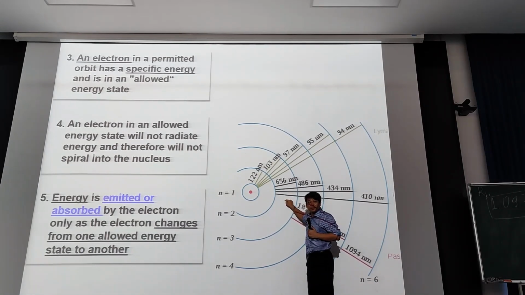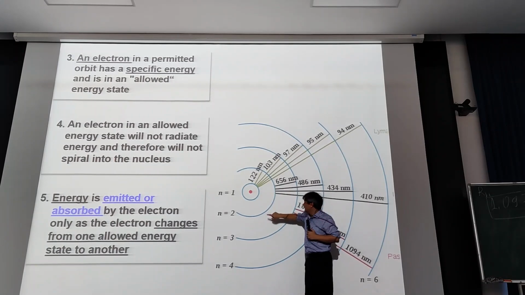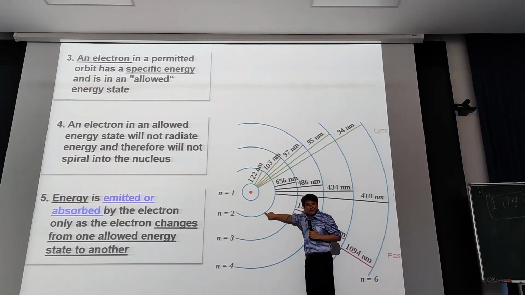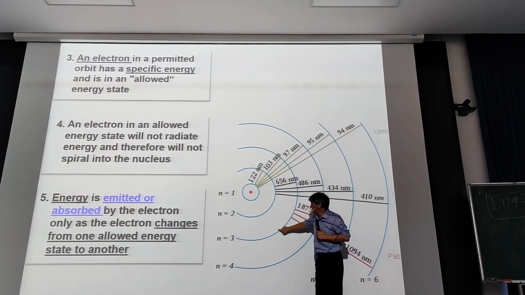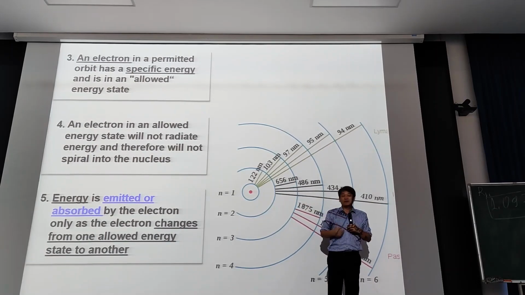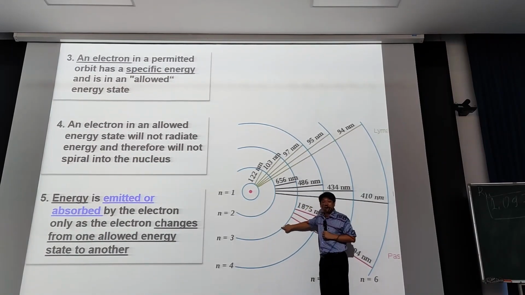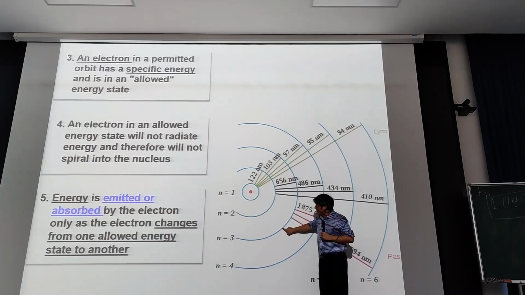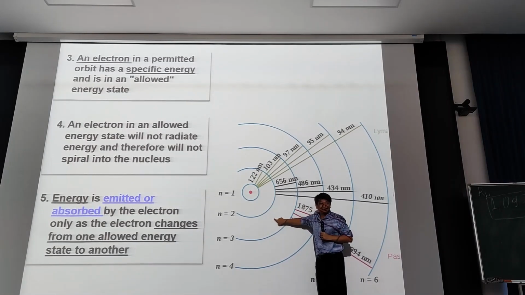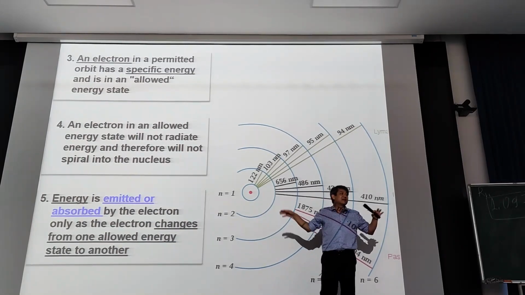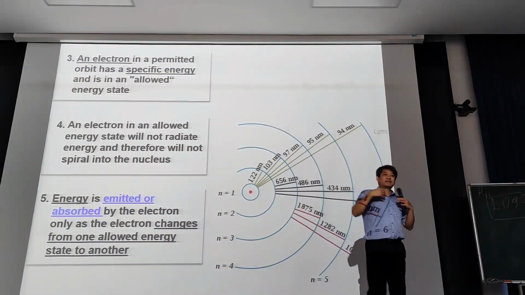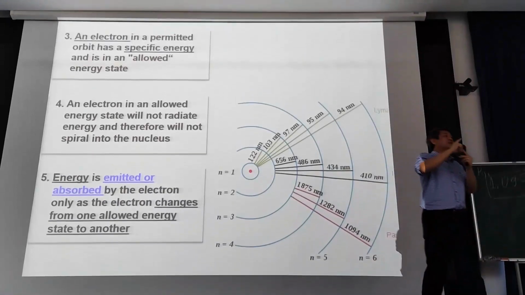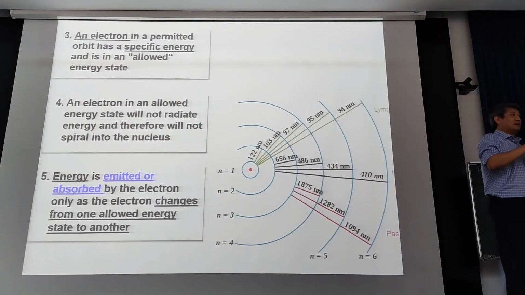Okay? In the inverse way, if the electron stands here at lower energy, it gets excited here, it will need to absorb energy to move from this lower to the higher one. Okay? The electron cannot move in between and cannot emit anything except between the two allowed states. Is it clear?